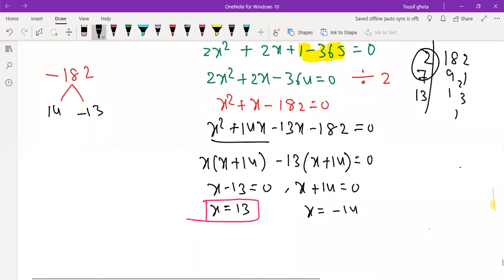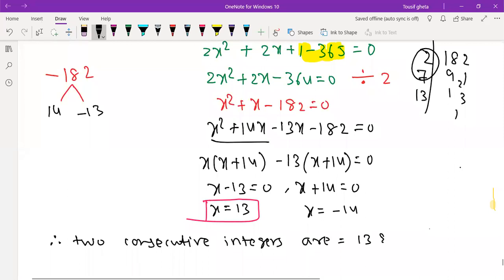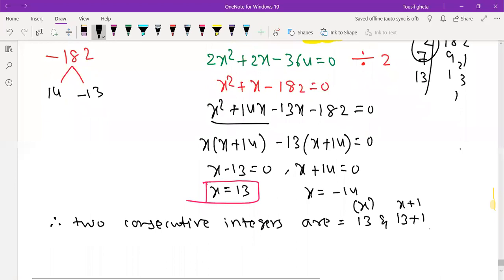So therefore, the two consecutive integers are 13 and 13 plus 1. We have taken x and x plus 1, correct? Now these are the two consecutive integers. So what is the answer? 13 and 14.